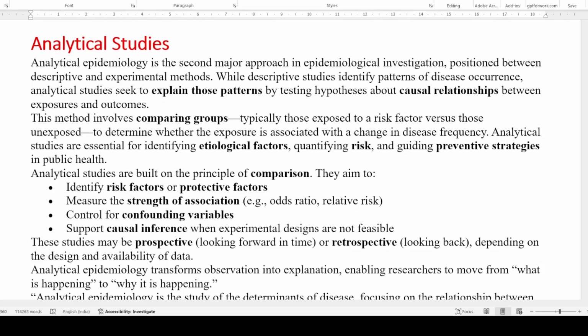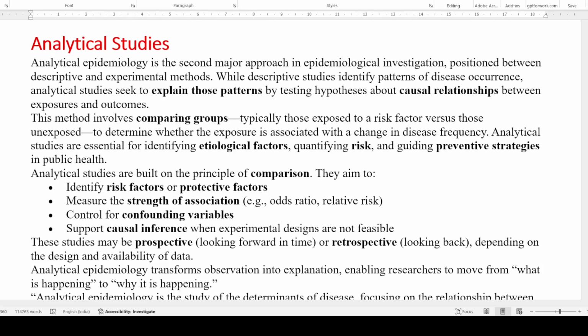This method involves comparing groups, typically those exposed to a risk factor versus those who are unexposed. These are essential for identifying etiological factors, quantifying the risk, and guiding preventive strategies in public health.